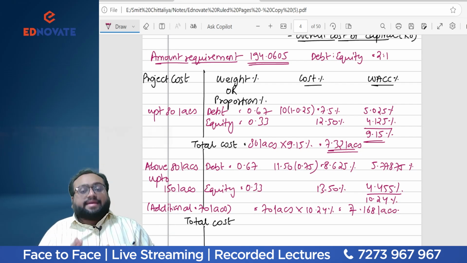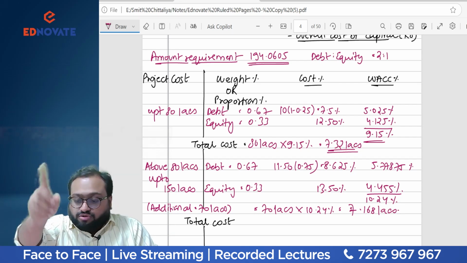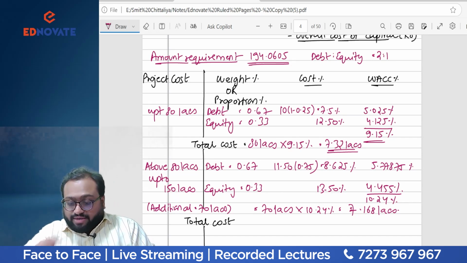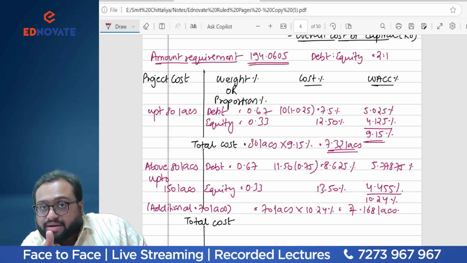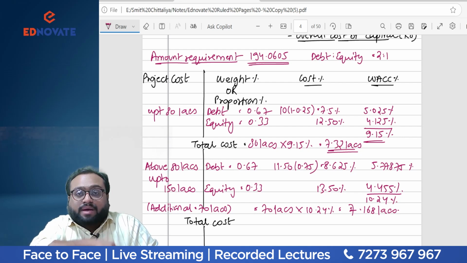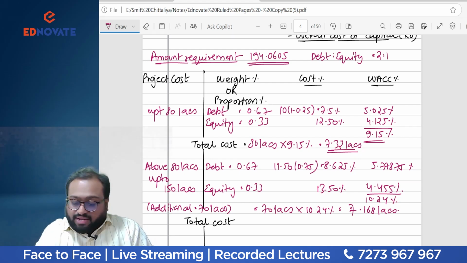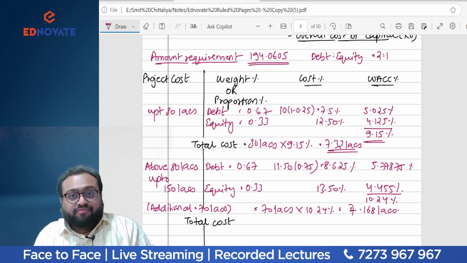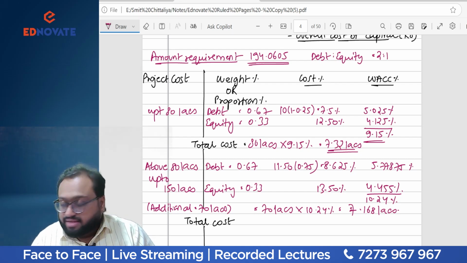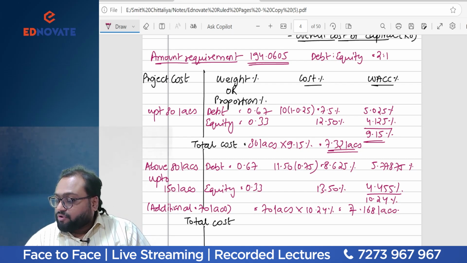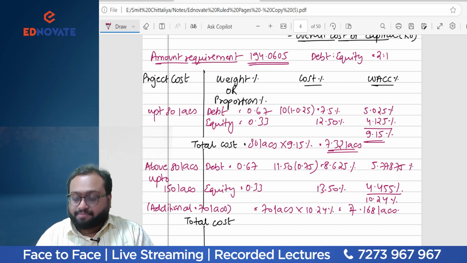If I want to raise 80 lakhs, comprising of debt and equity, from my pocket, I need to incur a cost of 7.32 lakhs. For the next additional 70 lakhs, comprising of debt and equity, I need to pay from my pocket 7.168 lakhs. And then now the last slab, total 150 raised. Now what is remaining? 194.0605 is the total amount required.